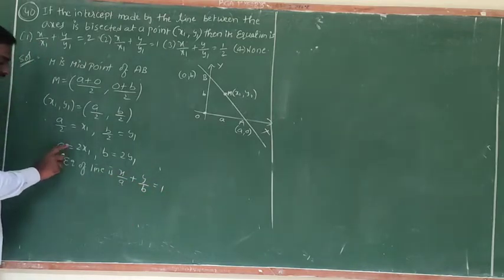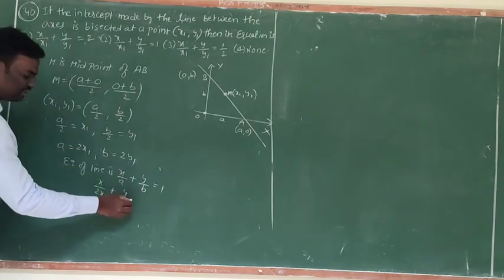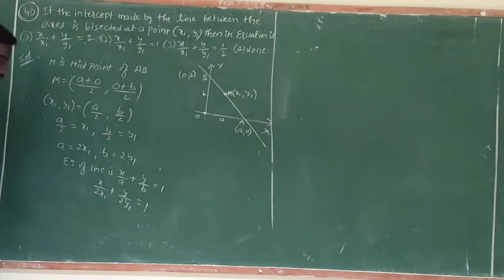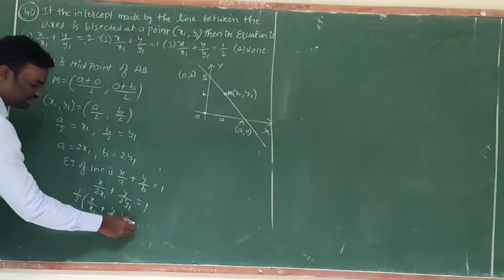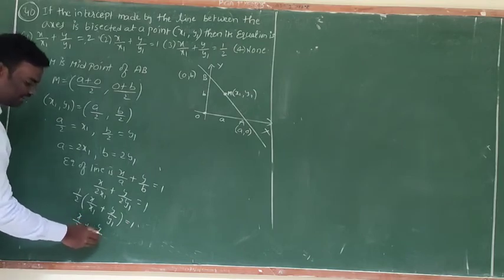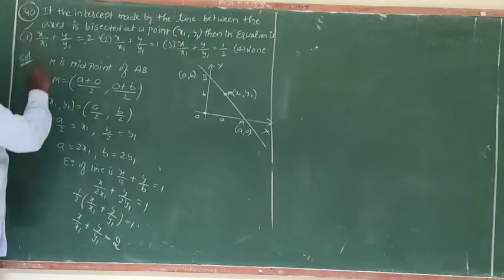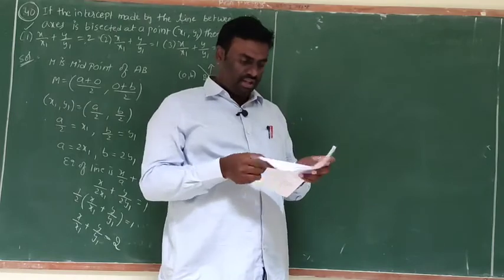In place of A, substitute 2x1: x by 2x1 plus y by 2y1 equals 1. I can take 2 common in the denominator, then x by x1 plus y by y1 equals 1 (the 1 by 2 goes to that side, 2). That is nothing but option 1, the correct answer for this question number 40.